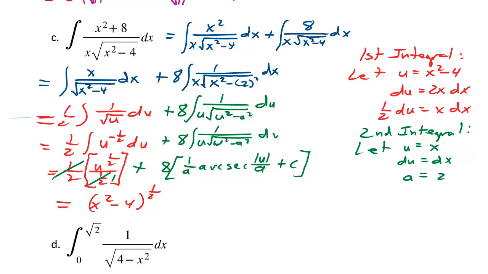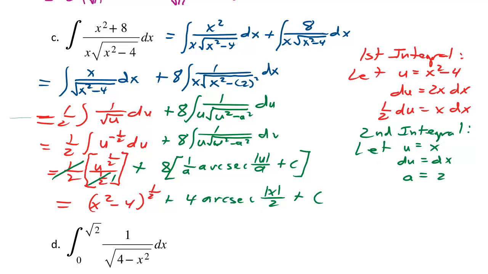And then that second integral, let's see, we have 1 over a, so that's just going to be 8 over 2, right, or 4, secant of absolute value of x over a, which is 2, and then plus c.